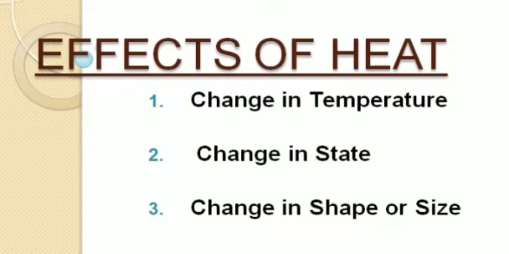To conclude this topic, we can say that when we heat a substance, its kinetic energy increases. Because of the increase in kinetic energy, the molecules start moving randomly and vigorously with greater speed. Due to this random and vigorous motion, the intermolecular spacing between the molecules increases.